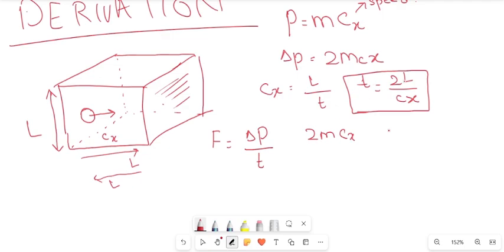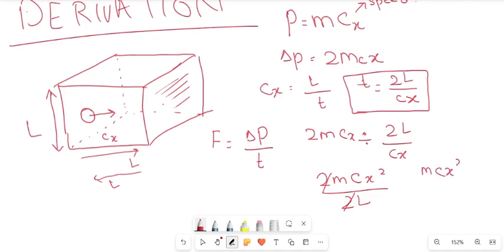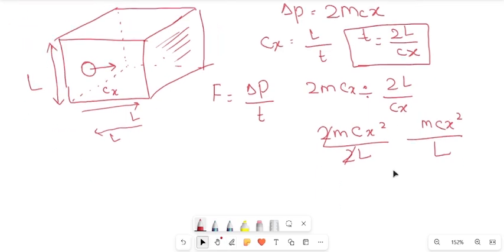Now what is t? t is 2L over cx, and since we have to take the reciprocal, this becomes 2mcx square over 2L. The 2 cancels, you get mcx square over L. mcx square over L. Then comes the twist.